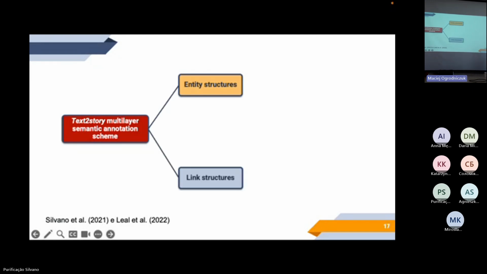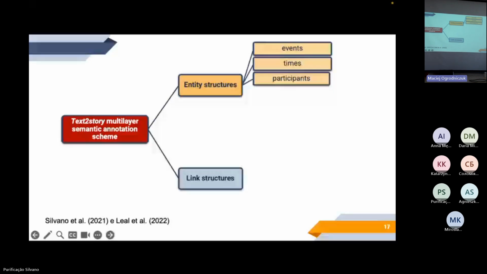We have two types of structures, the entity structure and the link structure. The entity structure includes different types of entities: events, participants, times for temporal expressions.